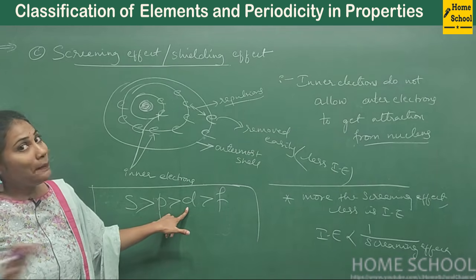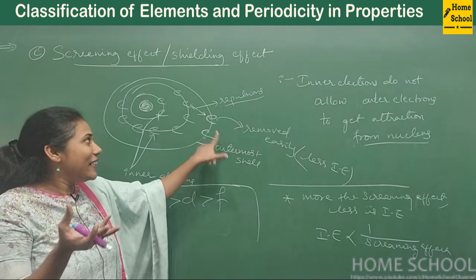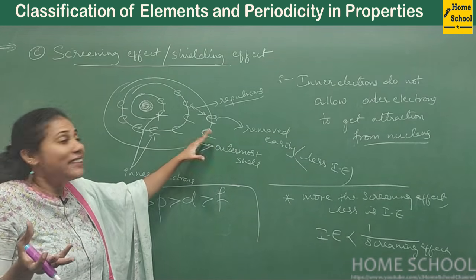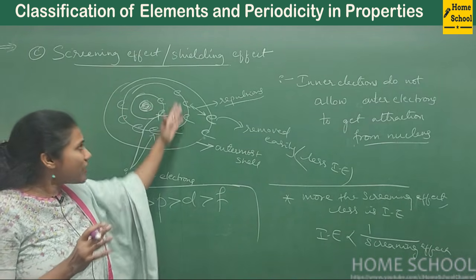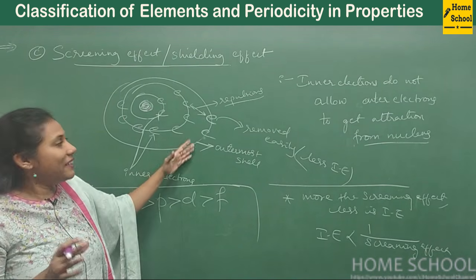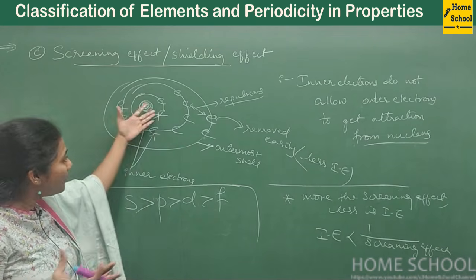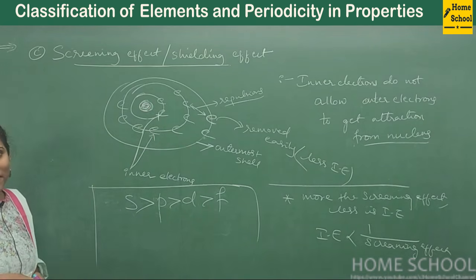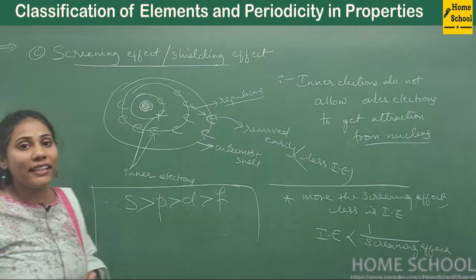Electrons present in d, much okay. Electrons present in f, I can say they are friendly with you. Even they allow you to get attraction from nucleus. They also screen, but the way they screen is much lesser than the way you are screened by s electrons. Okay, so that's all about screening effect or shielding effect.